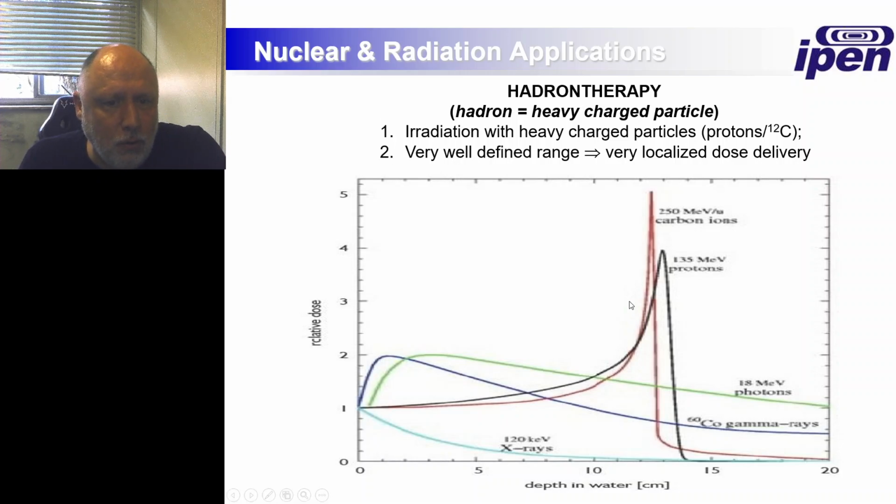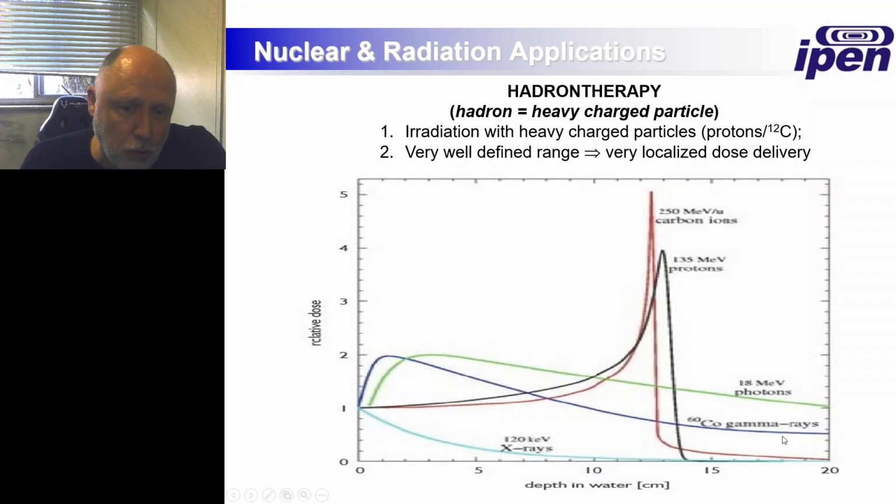You see, it's much easier to concentrate the dose in a tumor this way, right? You just program your beam so that this dose will be delivered to the tumor. You have very little dose to the tissue before the tumor, and essentially no dose at all after the tumor. That's all you want, right?